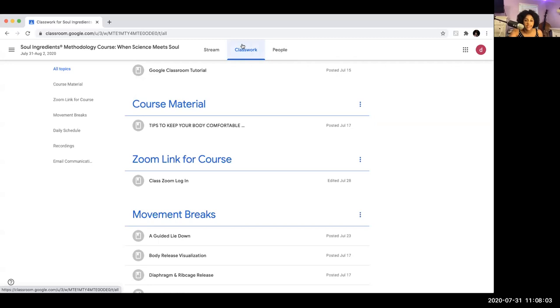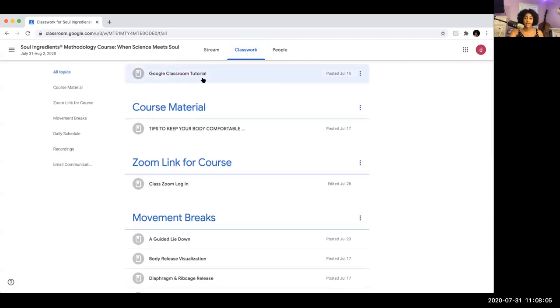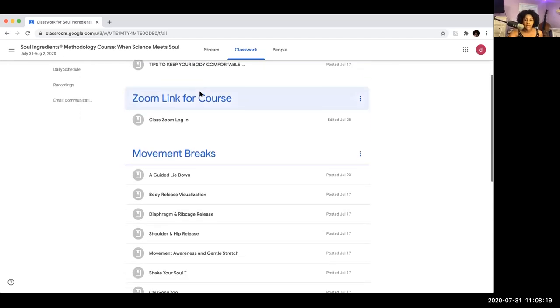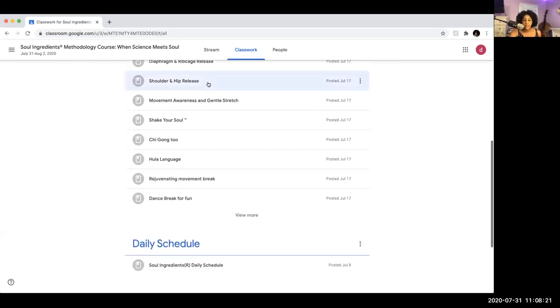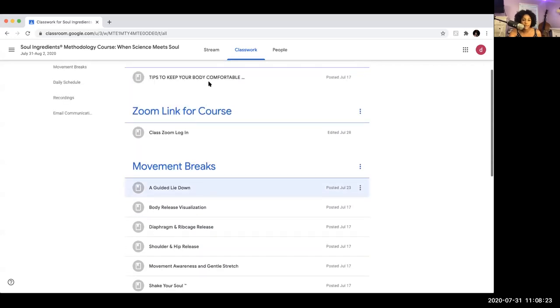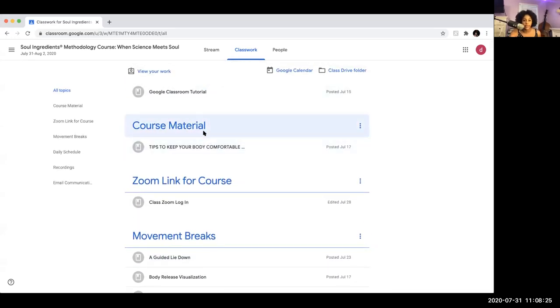Right when you press that, you'll see a Google Classroom tutorial. So if you have any more questions still after me explaining it, you can watch that and I will be happy to answer any more questions you have relating to Google Classroom. This is where everything is posted. This is where the recordings will be posted and any of the assignments that you have to do. So yeah, that is Google Classroom.